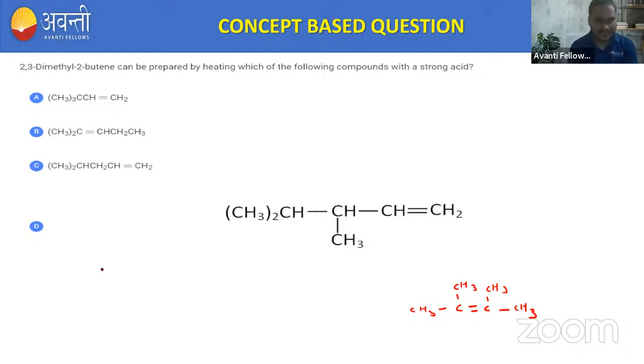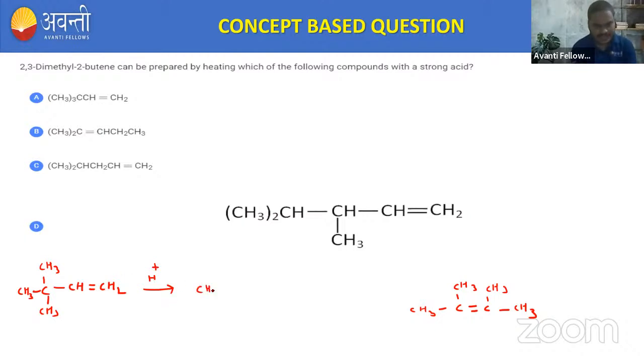So let me explain this. We have CH3, CH3, CH3, right? And this is CH double bond CH2, right? Now, when you heat this alkene in the presence of some strong acid, what will you get?